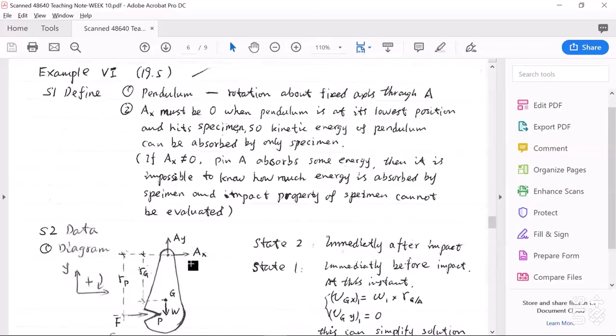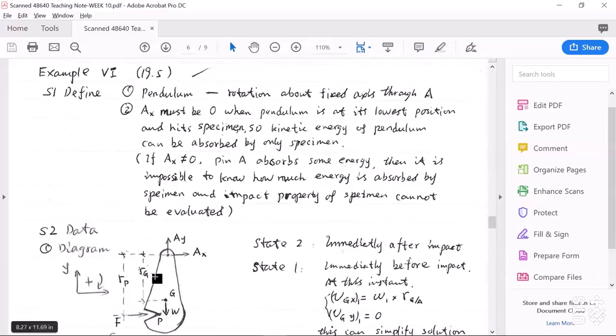So this means, based on our analysis just now, we must make sure AX is 0. If AX is 0, then that means all kinetic energy of the pendulum can be absorbed by the test specimen only.